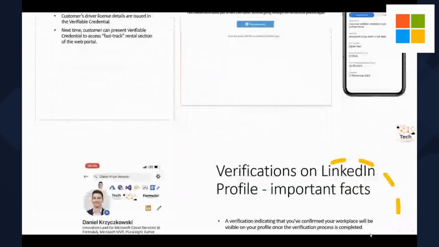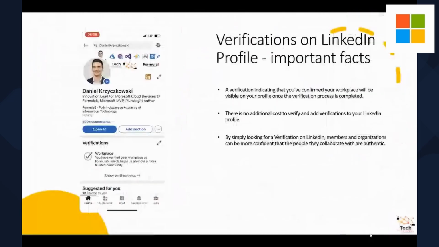They also mentioned the workplace verification on LinkedIn, and this is where verifiable credentials are also used. In a typical world, imagine the situation where I can just update my profile on LinkedIn and say that, yes, I work for NASA and I'm an astronaut. And maybe you are, but who will verify that?